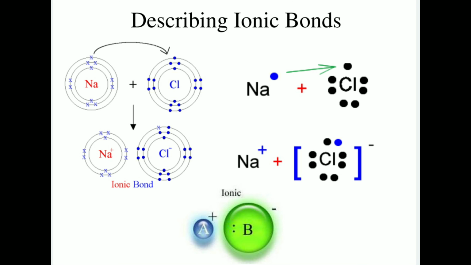Write these notes and the guided notes under ionic bonds. Ionic bonds are extremely polarized because they actually have two distinct charges. They have positive cations and negative anions. There is a complete transfer of electrons due to the very different electronegativities of metals and nonmetals.